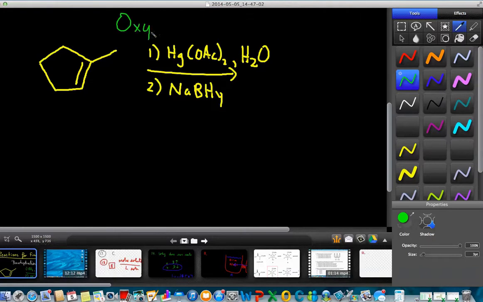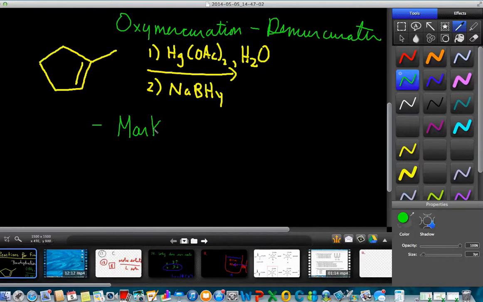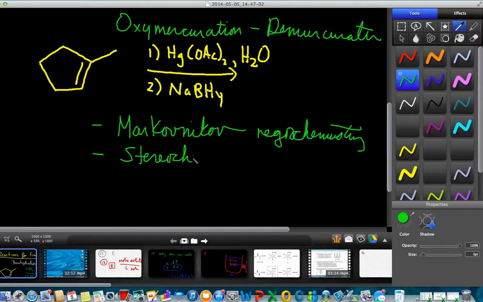And again, this is called oxymercuration-demercuration. You're going to get a Markovnikov alcohol, which is, of course, the regiochemistry. And the stereochemistry is scrambled. So it will add both syn and anti.